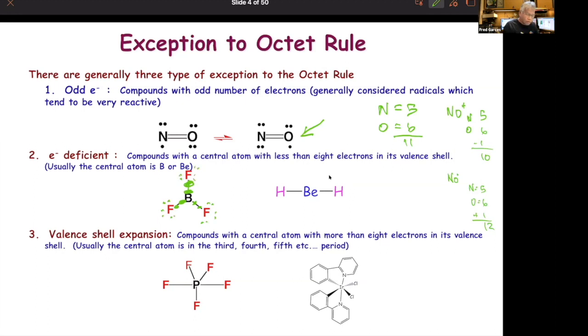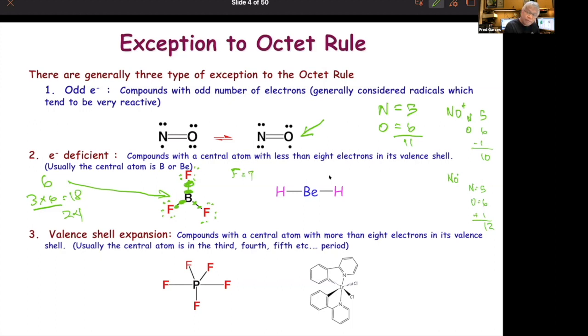And if you count the total number of electrons, there's 6 here from the bonds. And then each fluorine has 6. 3 times 6, that's 18. 18 plus 6, that's 24. And if you think about it, each fluorine in the periodic table has 7 valence electrons.